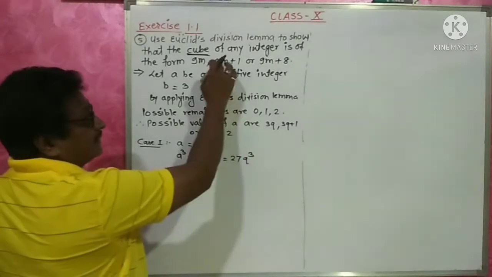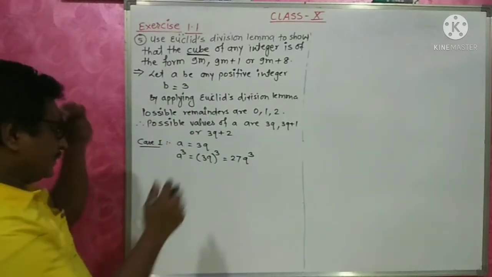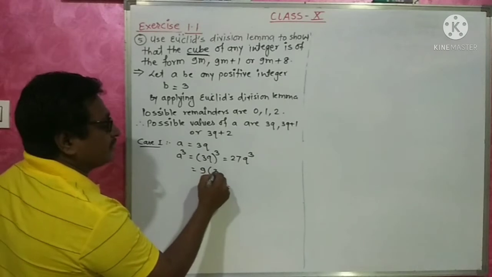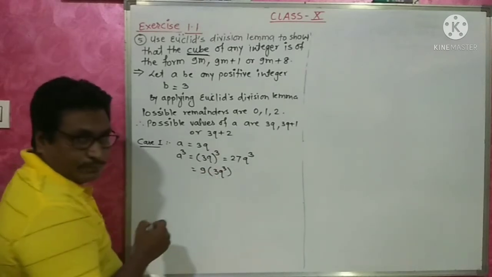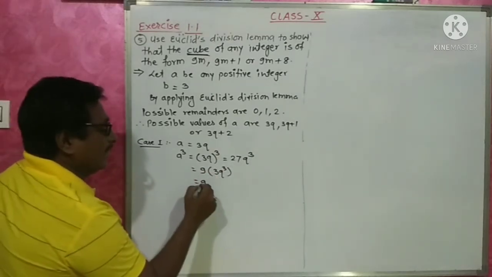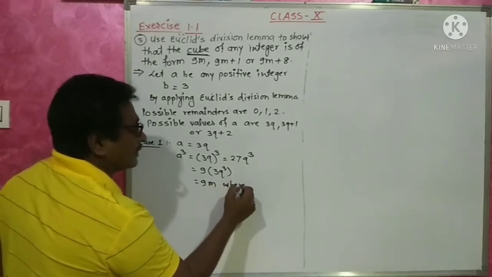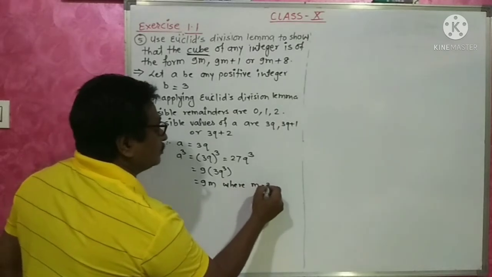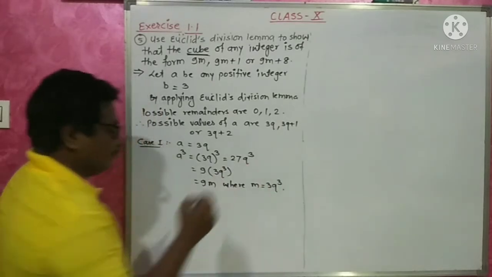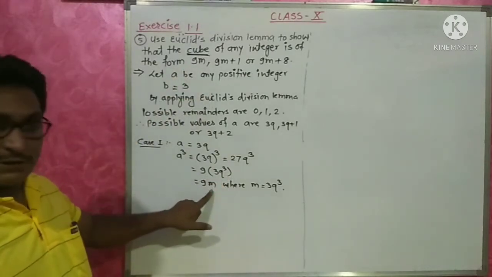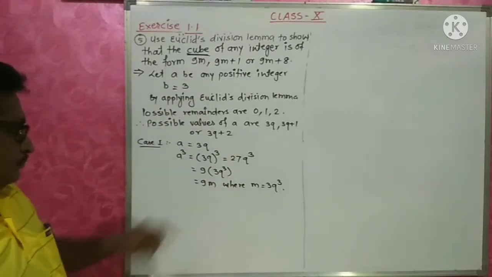So we have to write it in which form? 9m. So we have to take 9 common, so 9 times 3q cube. So now 9m, where m equals 3q cube. So for 9m, this bracket value we consider as m.